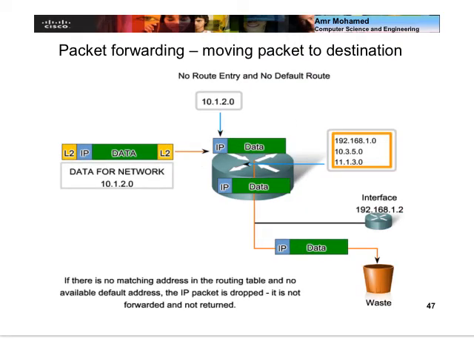So the third scenario is that I was not able to find this address, and this router is not configured with a default path or a default route. Okay? So in that case, I can just discard the packet.